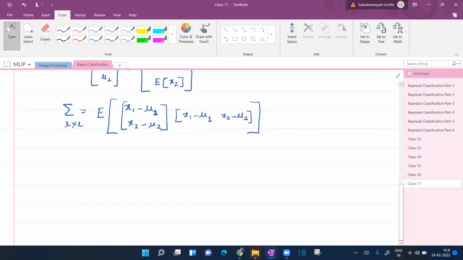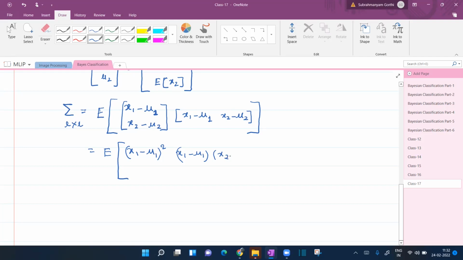Now, can you further simplify this? This is equivalent to expected value of, you tell me now the matrix there. First element of that matrix: x1 minus mu1 square. Very good. Second element in the same row: x1 minus mu1 into x2 minus mu2.